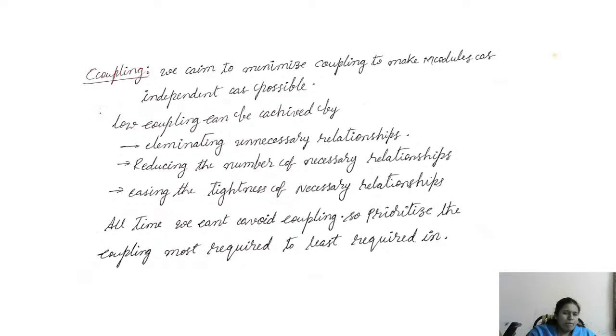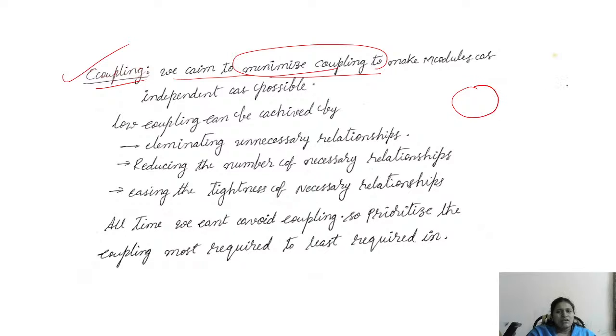Next, we will go for coupling. What is coupling? Our aim is to minimize coupling. Coupling means the relationship between two modules. We have to minimize coupling to make modules as independent as possible.